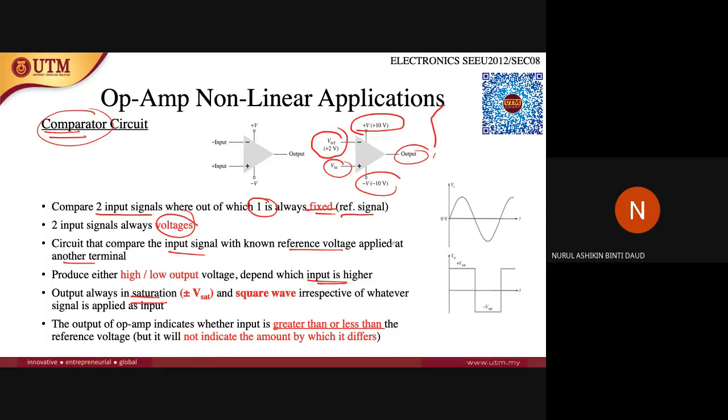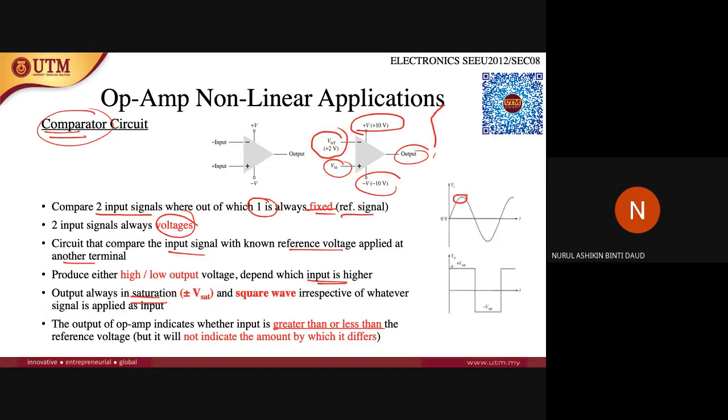For example, if the input signal is higher than the reference signal, in an inverting configuration, the output signal will be based on this plus DC supply, and it will be controlled by this value.